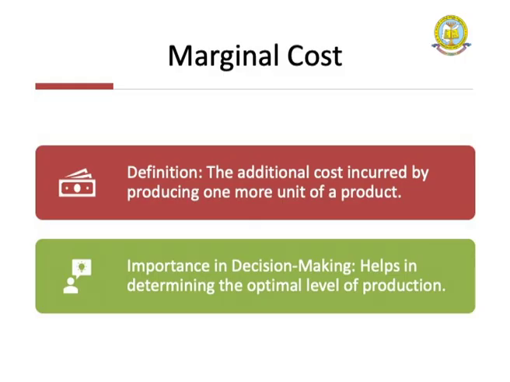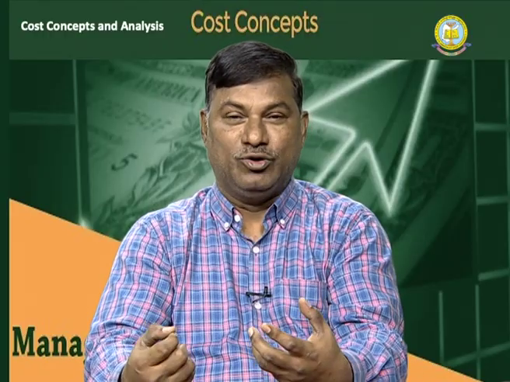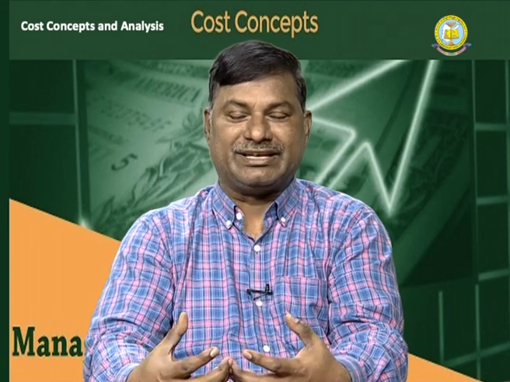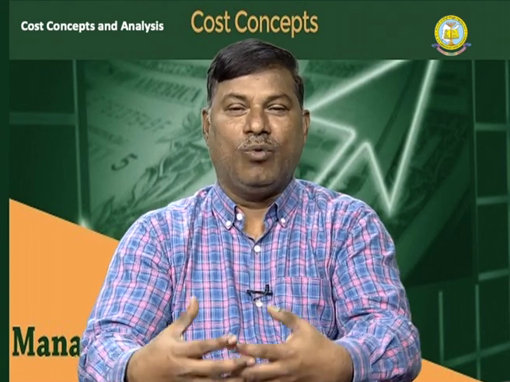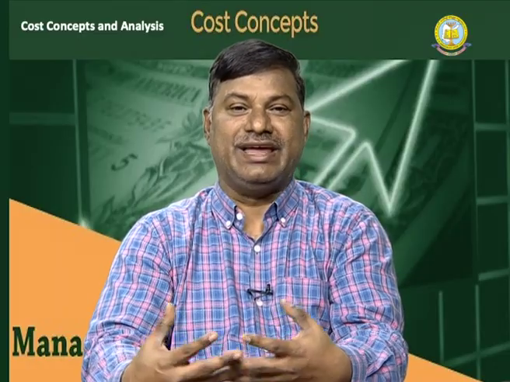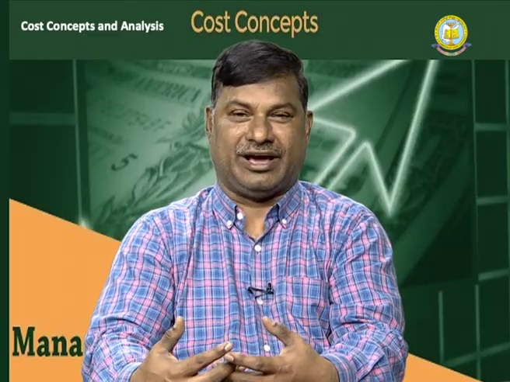The additional cost to produce one unit extra, or the additional cost to render one more customer of your service. If you are a service organization, it is the additional money, let's say dollar or rupee, that is required to serve one more customer. That's additional cost: the additional cost incurred to produce an additional unit or to serve an additional customer.